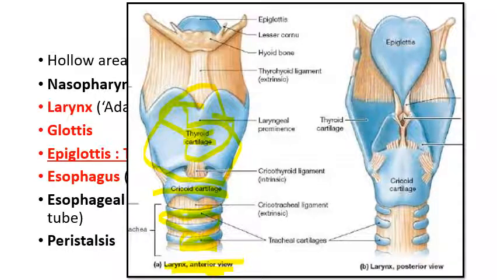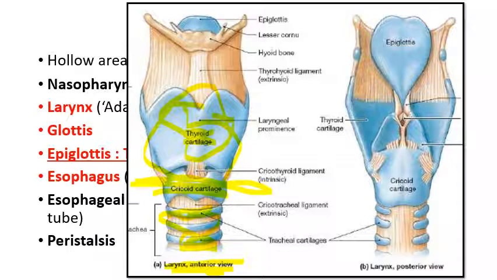Okay, the cricoid cartilage, by the way, is the dividing line. We talked a little bit in this course about anatomical landmarks. What is the landmark that separates the thorax from the abdomen? It's the diaphragm. What landmark do we use to divide the upper respiratory tract from the lower respiratory tract?